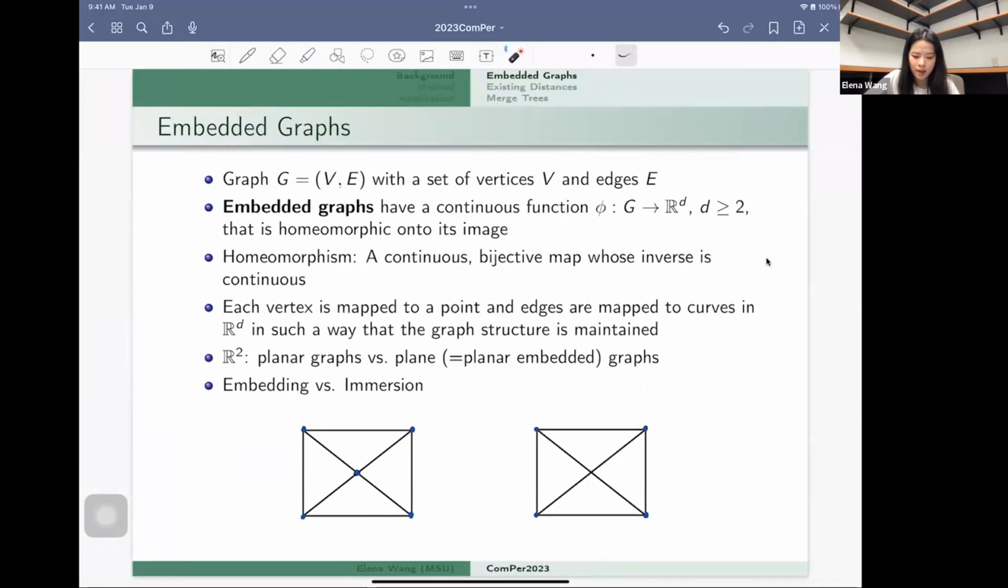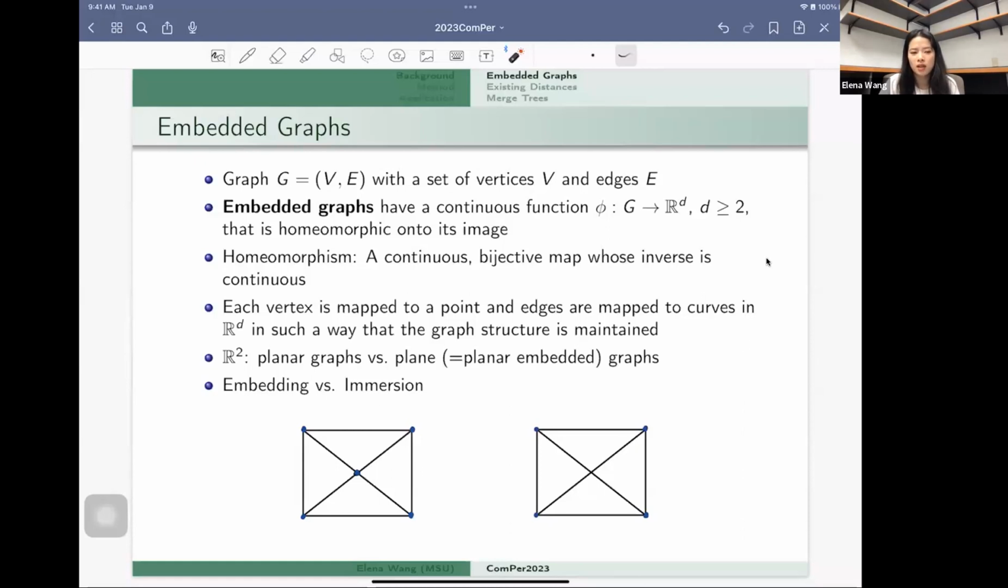And that map is homeomorphic onto its image. So let's recall the definition of homeomorphism. It's a continuous bijective map whose inverse is also continuous. In an embedded graph, each vertex is mapped to a point, and edges are mapped to curves in the real space in such a way that the graph structure is maintained.